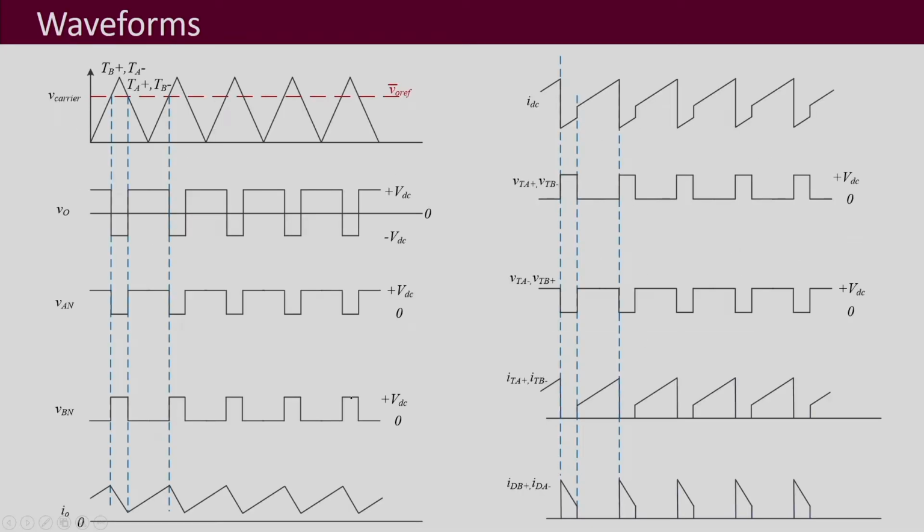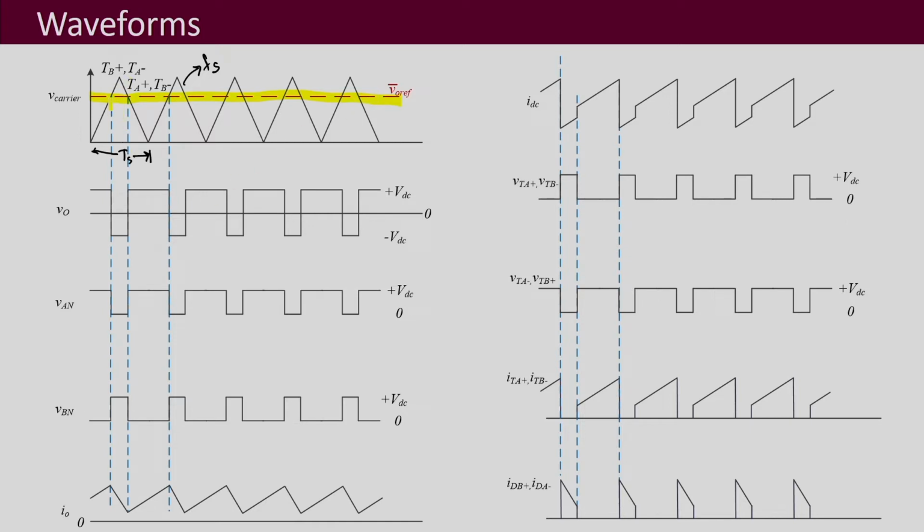So, now let us look into the waveforms. This is the carrier waveform which is shown here, a triangular carrier, and it has the switching frequency Fs. The one time period that you see here is equal to Ts, the switching time period. Then this is the reference, VO ref, the output voltage reference waveform with which we do the comparison.